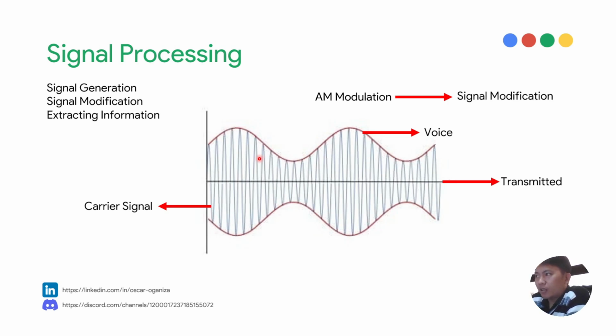So basically, signal generation is being generated by humans or by computers. For example, when we talk and have a conversation, there is a voice or signal that is being generated. Over the phone, when we talk to someone, we transmit voice or signal. Then it goes through some sort of modification or modulation to improve the quality of the voice.